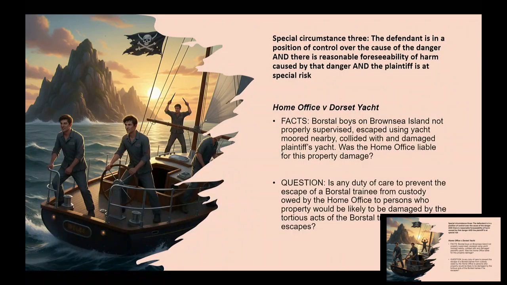Okay, so this third special circumstance, when the court will find that there is a duty of care on a defendant to confer a benefit on a claimant, is when the defendant is in a position of control over a cause of the danger and there is reasonable foreseeability of harm caused by that danger, and the plaintiff is at particular special risk.